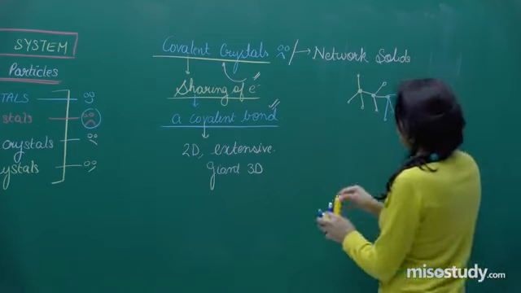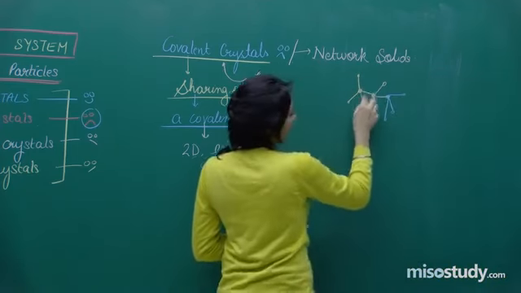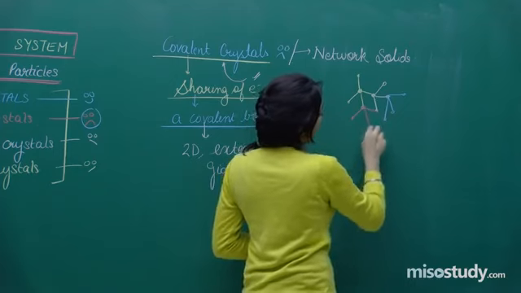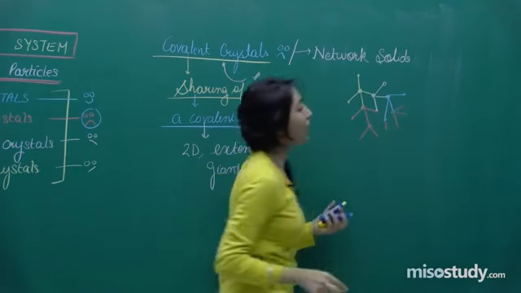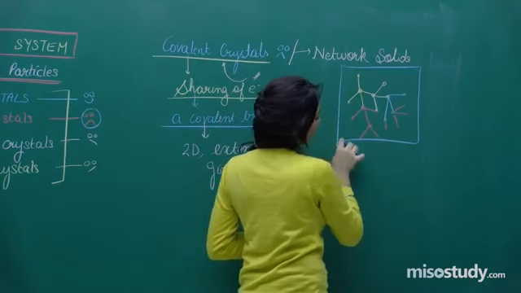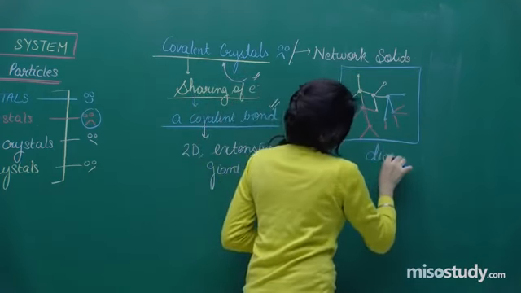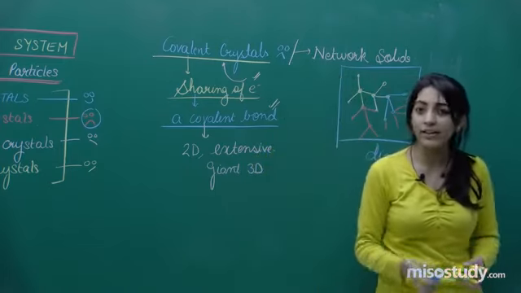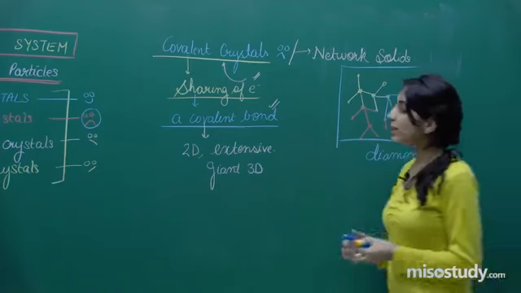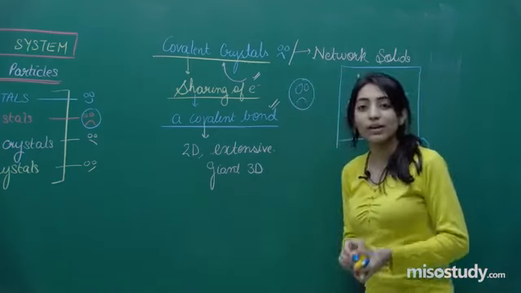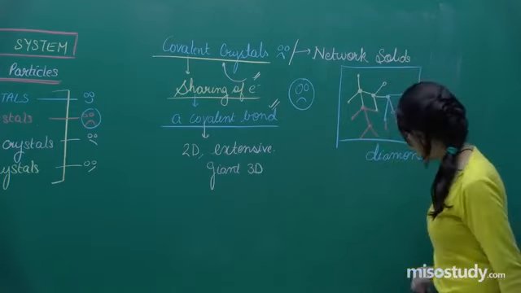This one, if I talk about, is already attached to 1, 2, let's say this. So like this it will continue, and the giant structure so formed will be the structure of diamond. Fine. Let me just put a sad smiley again, because now we are done with the covalent crystals.